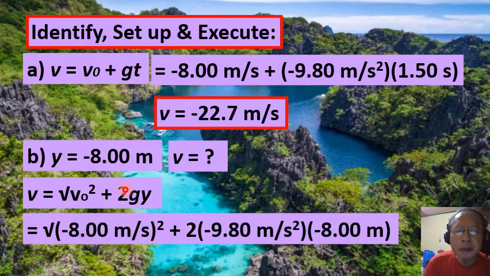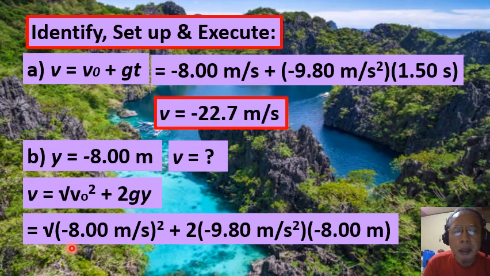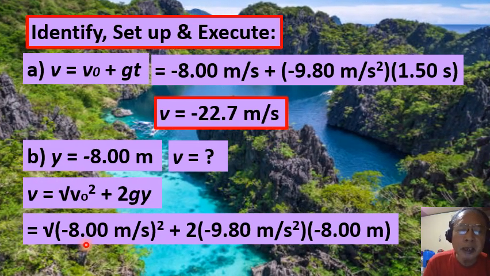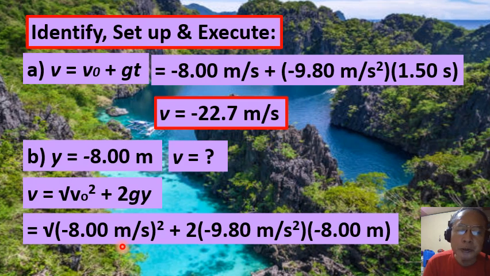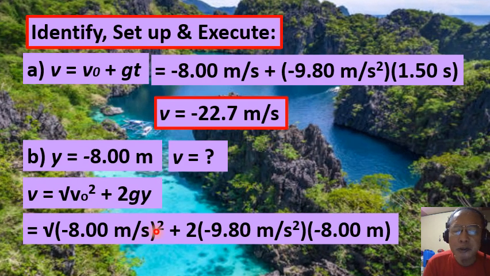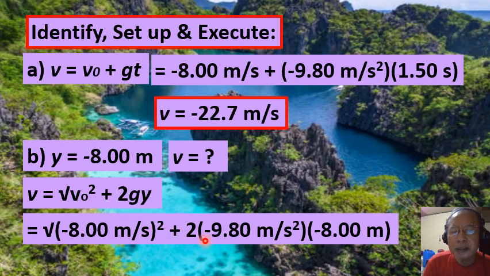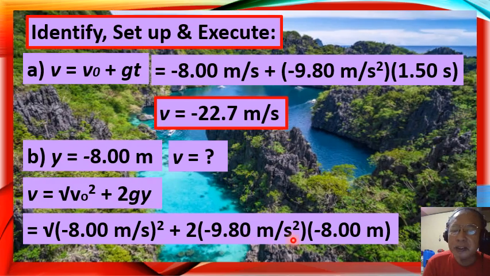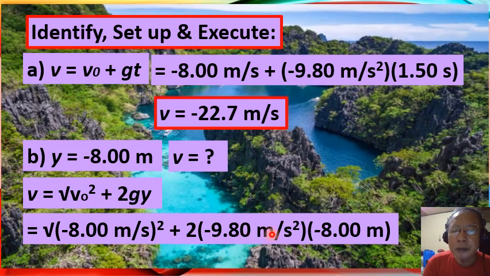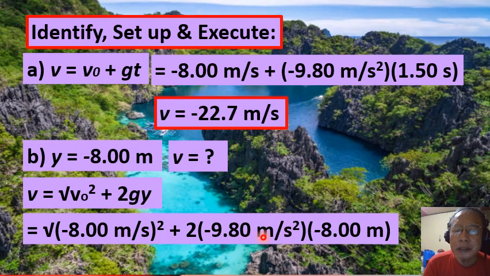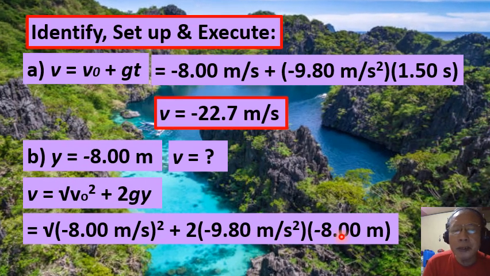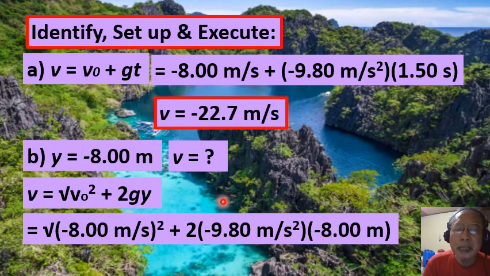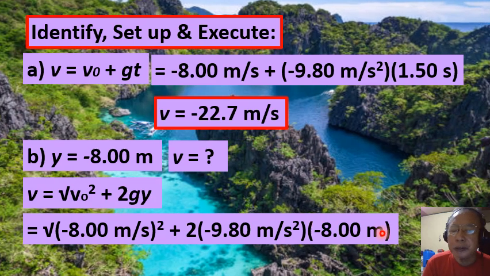Upon substituting, initial velocity, which is negative 8.00 meters per second, that has to be squared, and then plus 2 times negative 9.80 meters per second squared, the value of acceleration due to gravity, and then the value of the displacement, negative 8.00 meters.